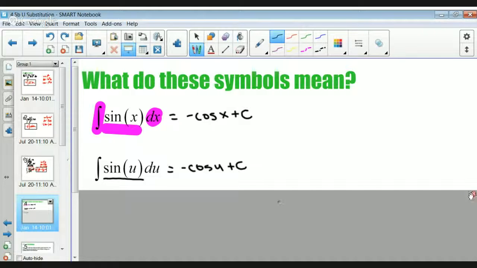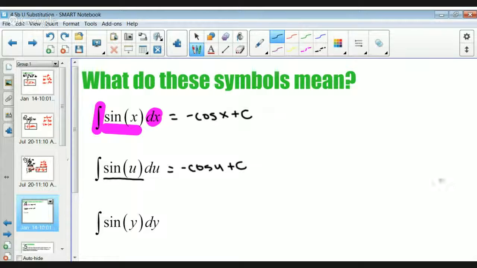All right, in my last example, I have the integral of sine of y dy. Again, the integral, this elongated s, along with the dy, means find all antiderivatives of sine of y. So my solution here is negative cosine of y plus c.